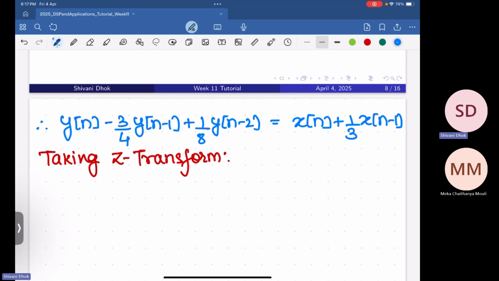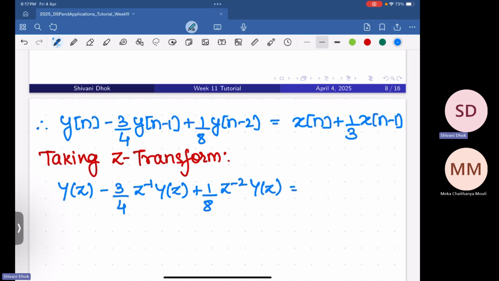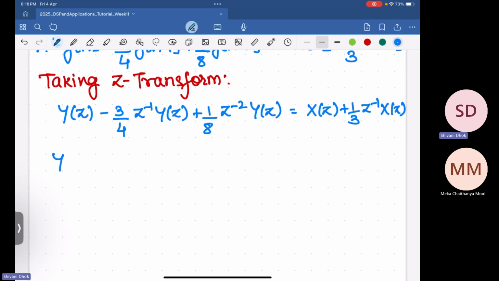Now we will take the z transform. The z transform of y(n) is Y(z), minus 3/4 as it is, the z transform of y(n-1) is z inverse Y(z), plus 1/8 as it is, and the z transform of y(n-2) is z to the power minus 2 Y(z). This equals X(z) plus 1/3 z inverse X(z), from the time shift property of the z transform. Now I can take Y(z) common.